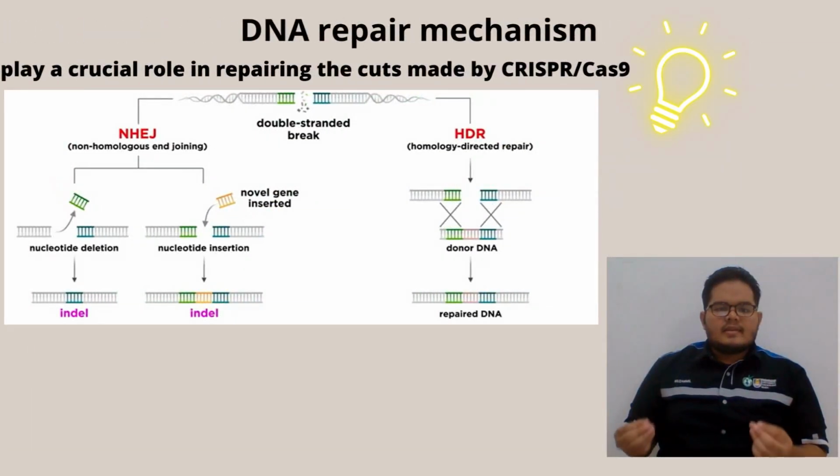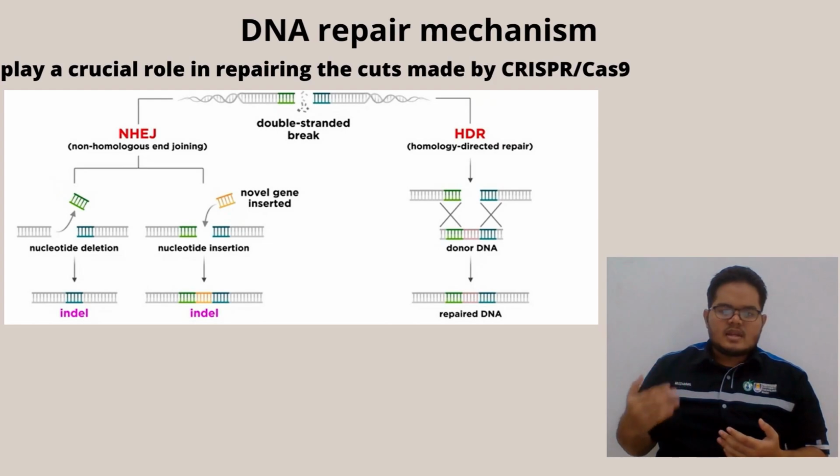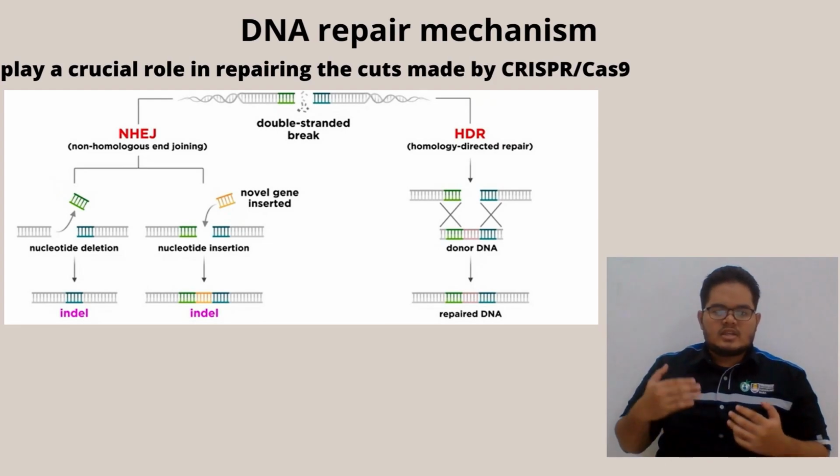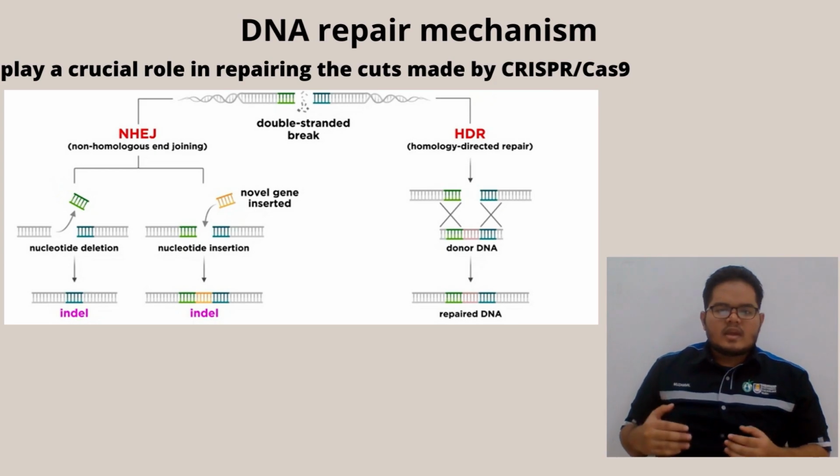HIV-1 virus. The cell's DNA repair mechanism can fix the cut made by the CRISPR-Cas9 system using non-homologous end joining (NHEJ) or homology-directed repair (HDR). NHEJ can introduce changes in the repaired DNA while HDR maintains its size uniformity.